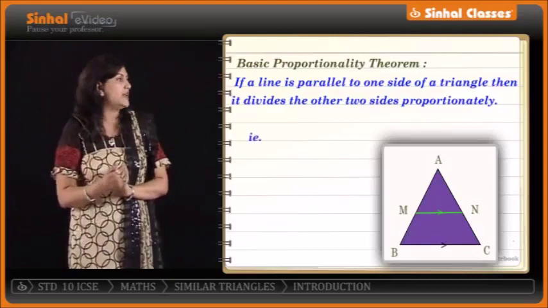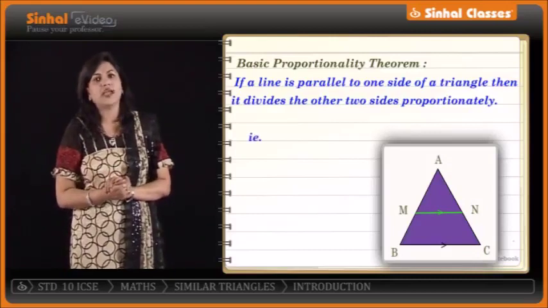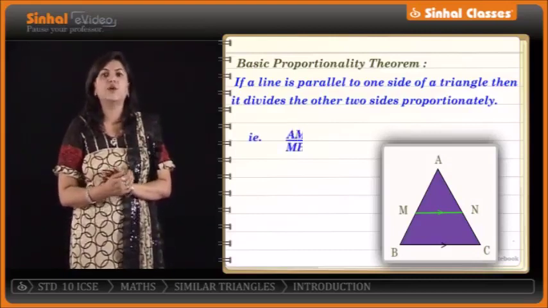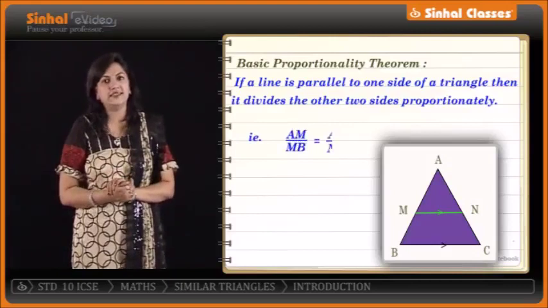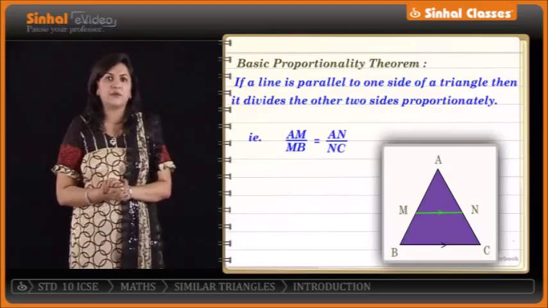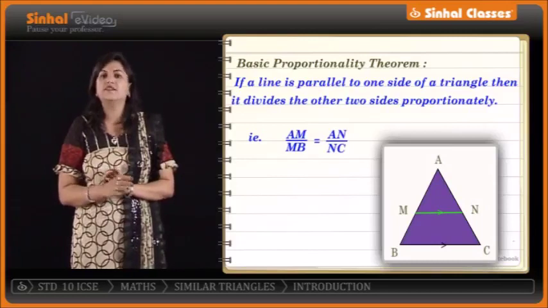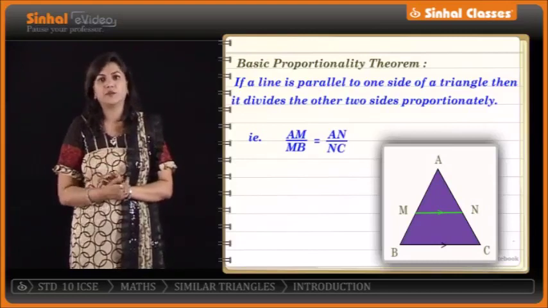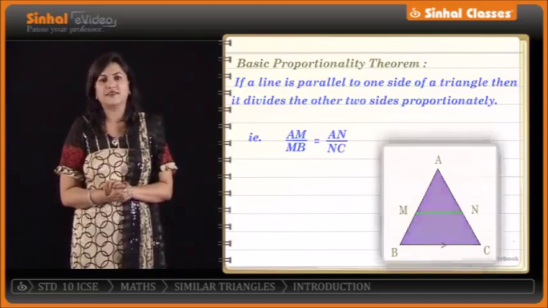That is, we have AM upon MB is equal to AN upon NC. This is the basic proportionality theorem. We just need to know the basic proportionality theorem. We do not need to know the proof of this theorem.